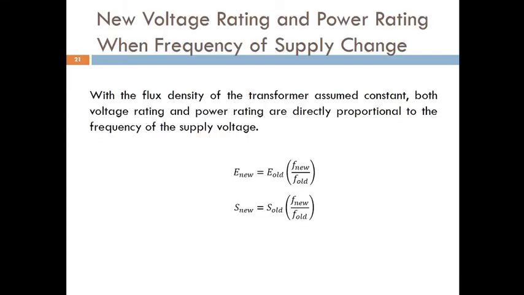Now, previously, for example, you have a certain transformer. Like for example, we have a transformer rating intended to be connected to 7,200 volts to 240 volts, with an apparent power rating of 25 kVA.